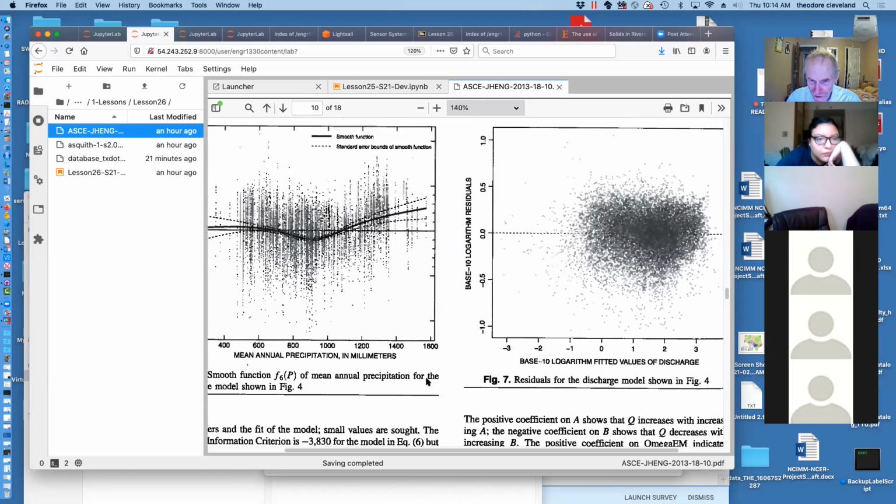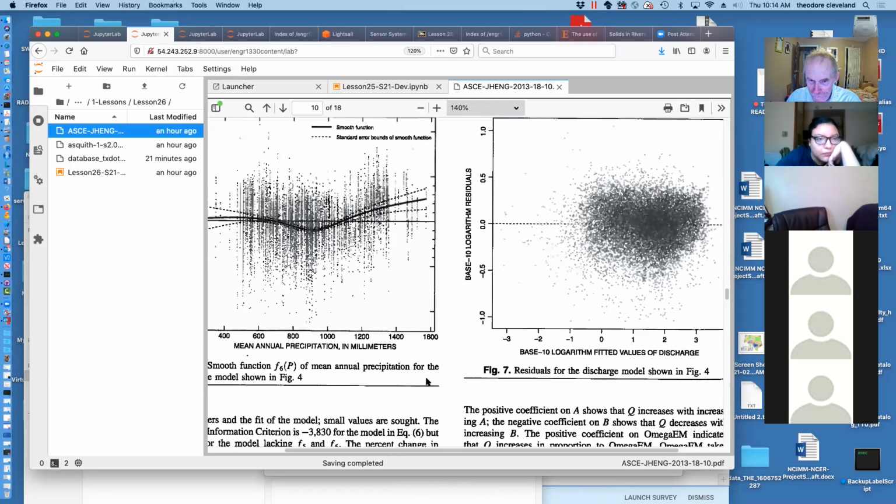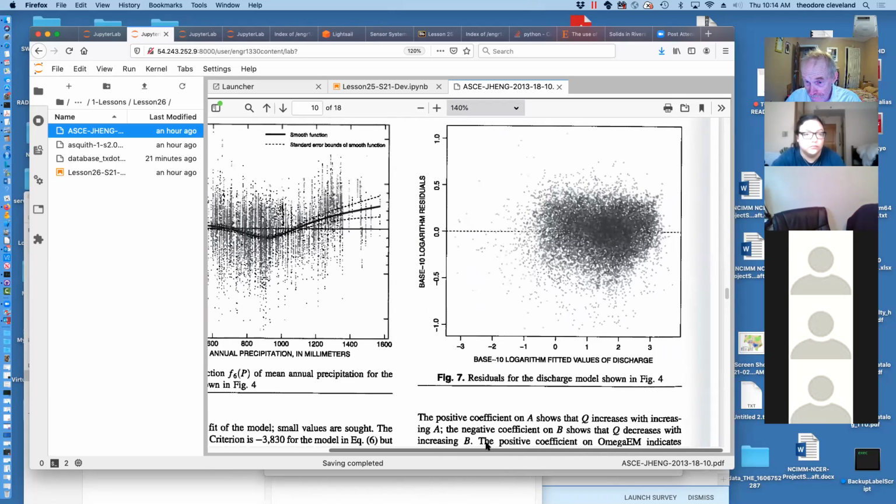And now let's look at our residual plots. These are base 10 residuals, and what this plot is really showing us is that most of our residuals are between -0.5 and +0.5 base 10.